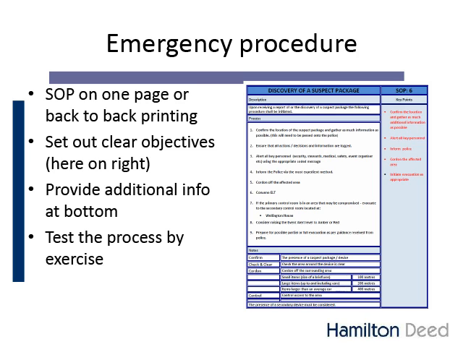The SOPs on the page should be printed back to back if there's more than one page. Set out your objectives on the right hand side so that you can very quickly look to see if you're actually achieving it, and provide additional information at the bottom if that's what you need to do. These particular SOPs can be tested as part of the tabletop exercise or a scenario exercise that you might wish to run as part of the event planning process.